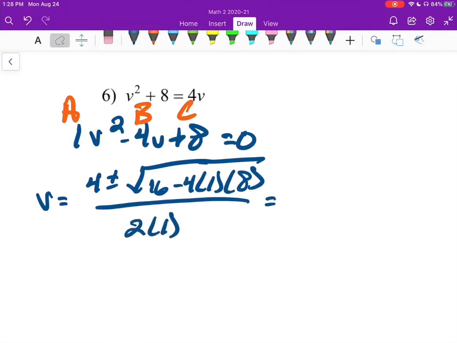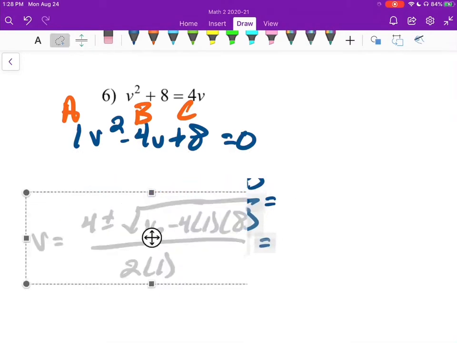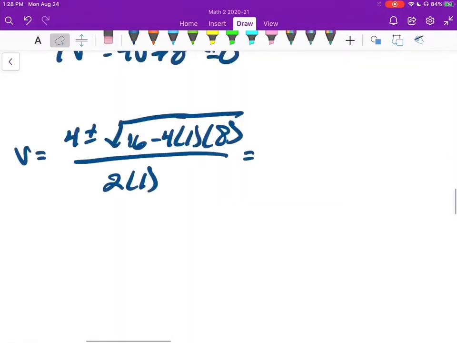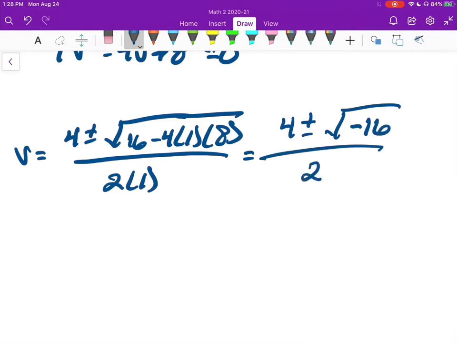Let's pull that a little bit apart. Yeah, I didn't like how close those were. So this is the same thing as 4 plus or minus root, let's do 16 minus 4 times 8. You could type in the 1 if you wanted to, but there's no real need. So we got negative 16 there over 2.